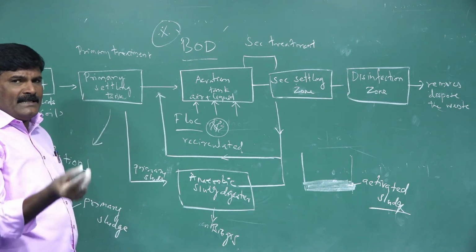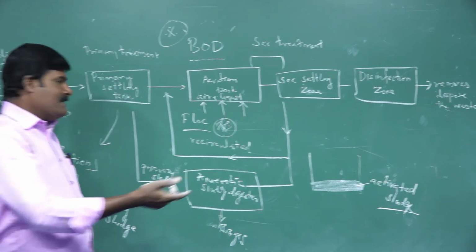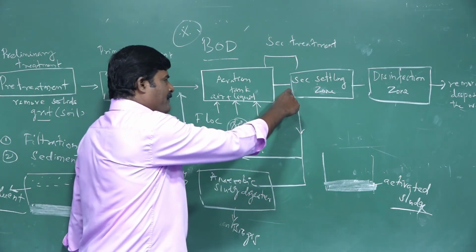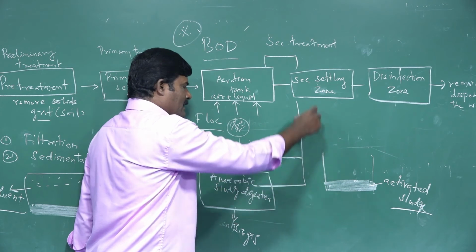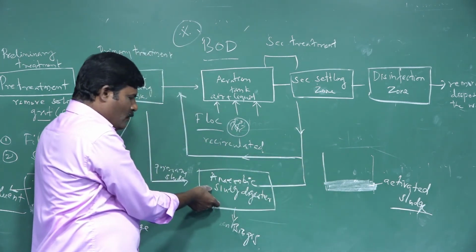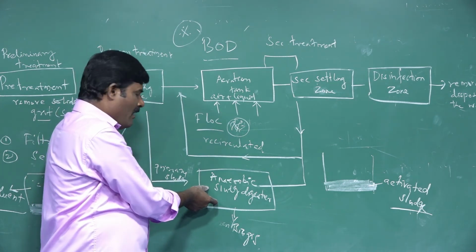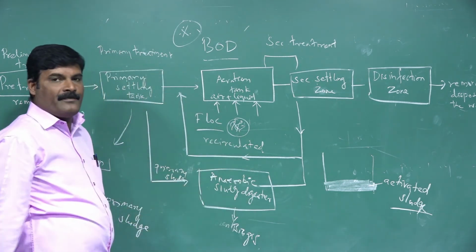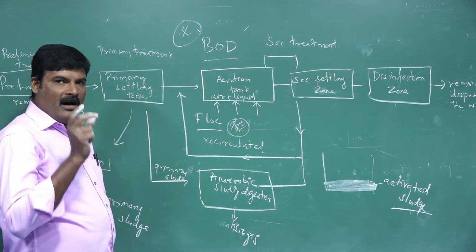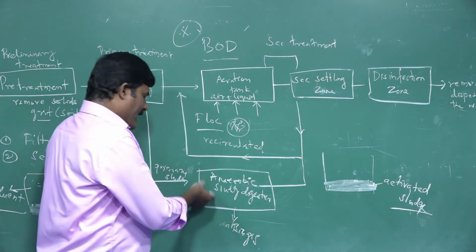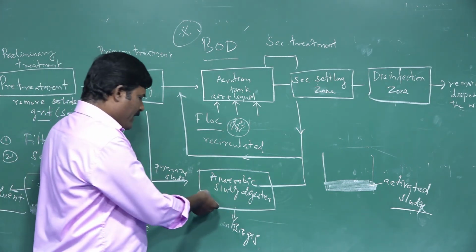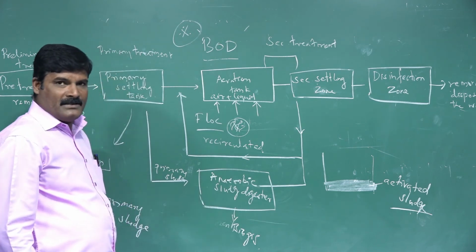Inoculum means it reprocesses the waste compounds again. The activated sludge goes to the anaerobic sludge digester, where anaerobes, microbes not using oxygen, digest and destroy the bacteria and fungi in the sludge.